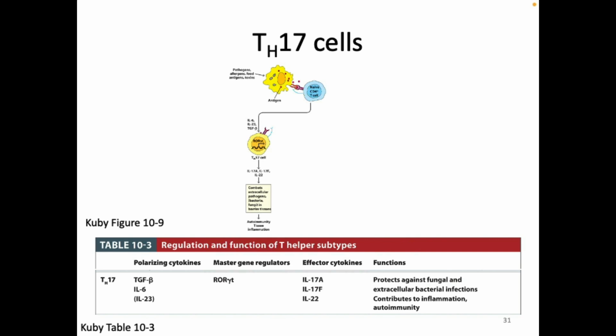And when we see Th17 cells made, those Th17 cells we now know are really good at dealing with extracellular bacteria and fungi. And one of the reasons why they do that is that they activate neutrophils.